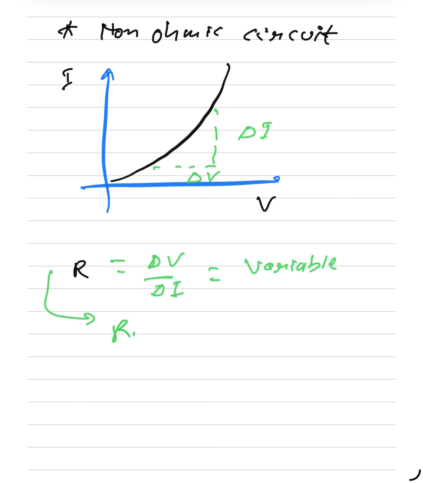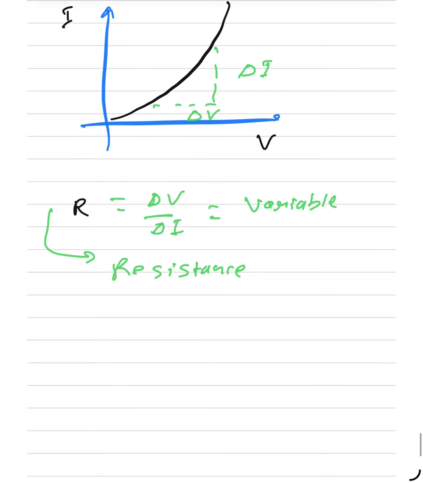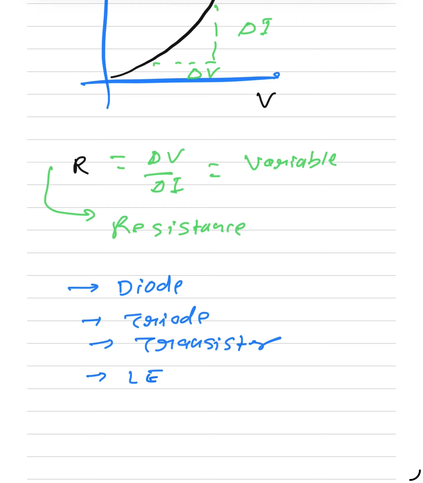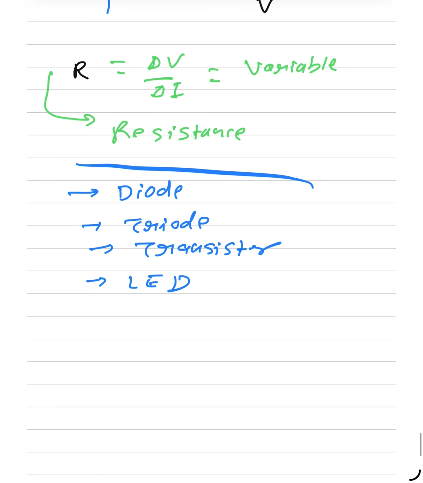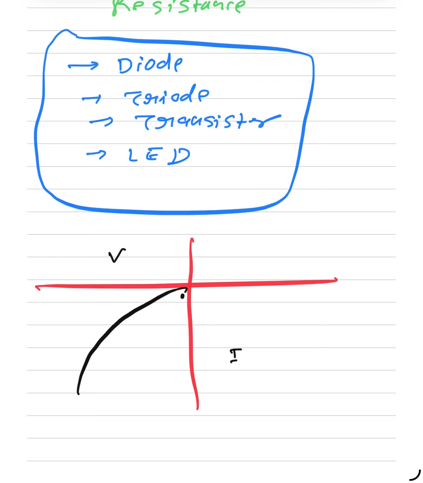The value of resistance is not constant, resistance is variable. Examples of non-ohmic circuits are the diode, triode, transistor, and LED, which are the best examples of non-ohmic circuits. In a non-ohmic circuit, the graph relation between current and voltage is like this.